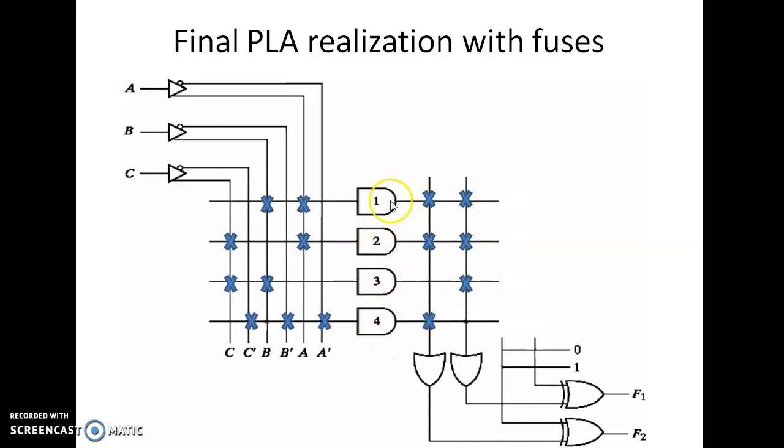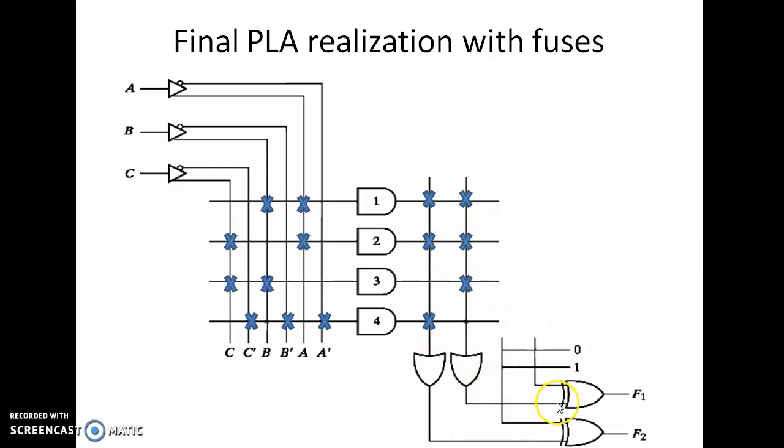Right? And after this, how to get F1 and F2? For one OR gate, you require AB, AC and A bar, B bar, C bar. For the second function, that is F1, you require this one. Right? So again, selecting the product terms using OR gates, using cross marks.